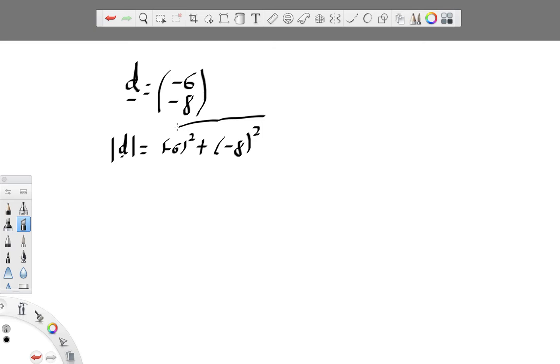And that's all square rooted. So minus 6 squared is minus 6 times minus 6, which is positive 36. Then minus 8 squared, well, that's minus 8 times minus 8. Two minuses cancel out when you times to make a positive. So we have 36 plus 64. That is 100.